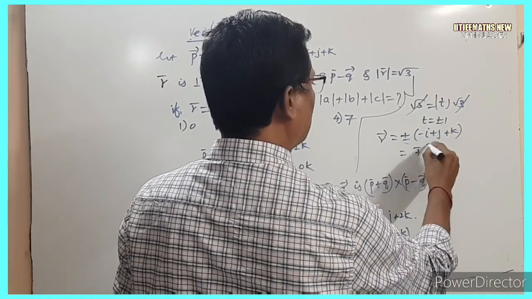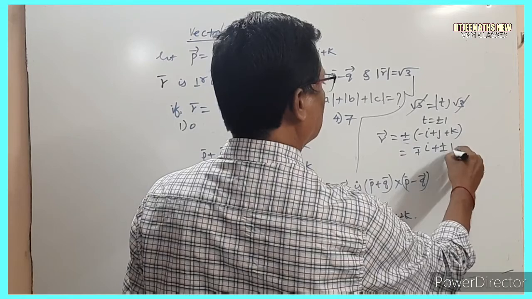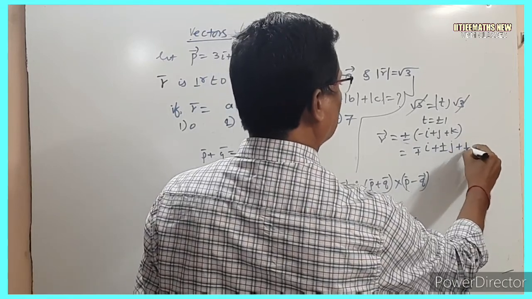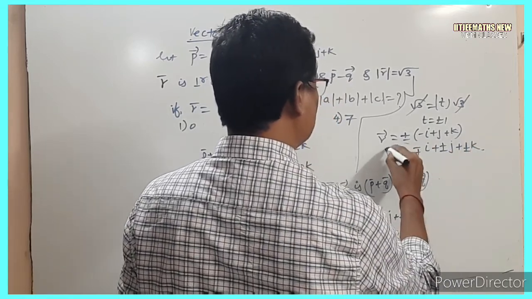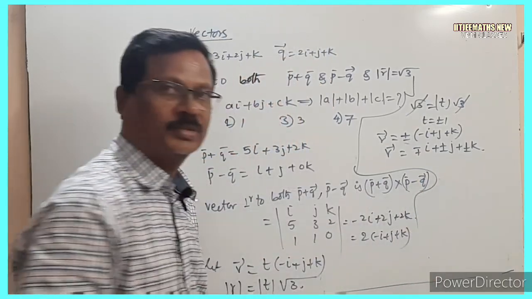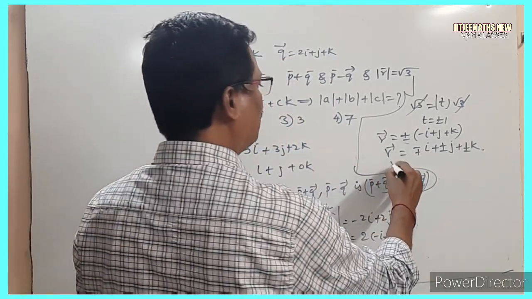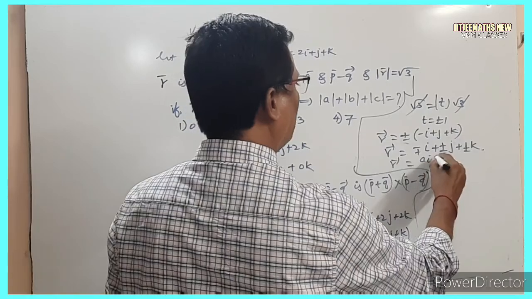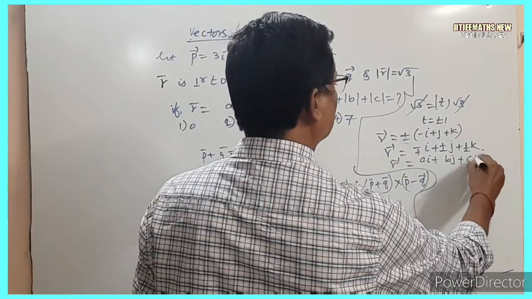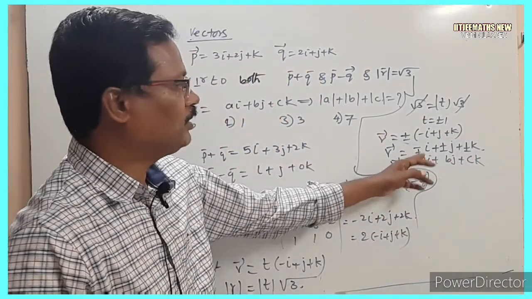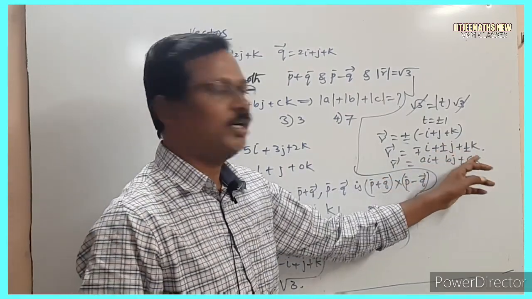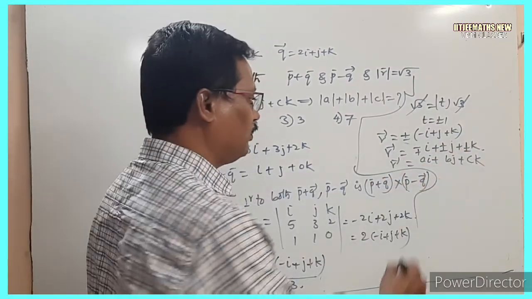This is the R bar vector. Now what is given? R bar is ai plus bj plus ck. A is plus or minus 1, B is plus or minus 1, C is plus or minus 1.